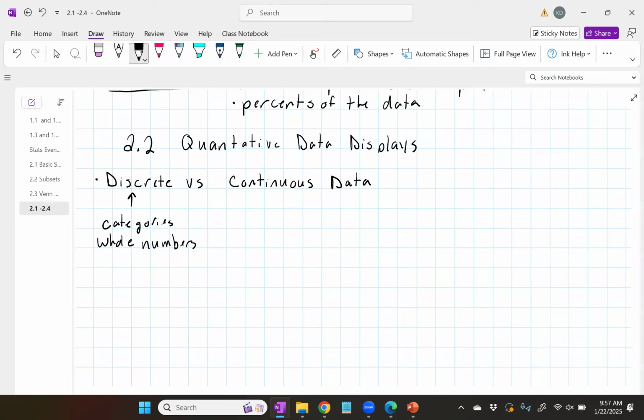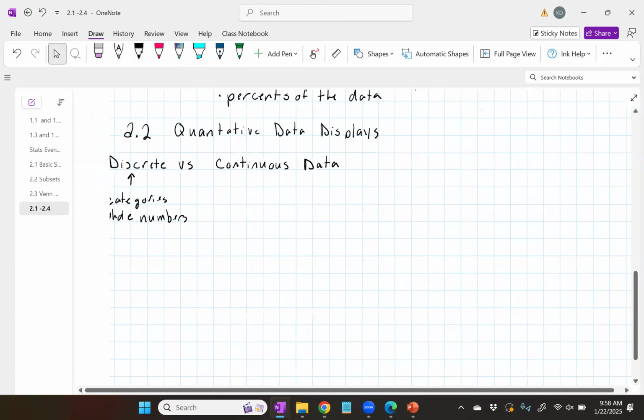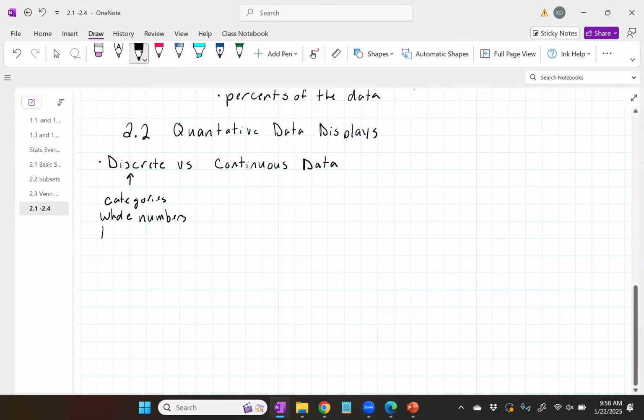If you have wait time rounded to the nearest minute, you could put that in your discrete. Temperature maybe depends on how you want to look at it. For our discrete data where we have distinct categories, we're mostly going to use a histogram, because each bar is its own category, so that makes sense.